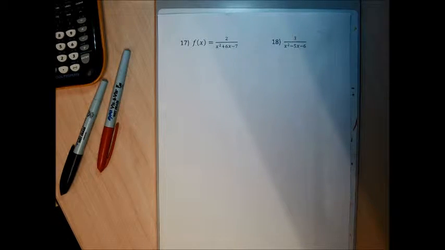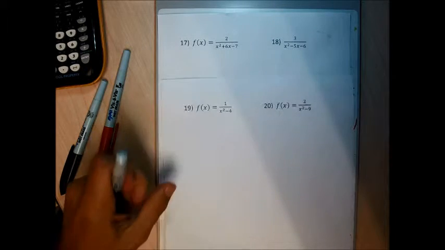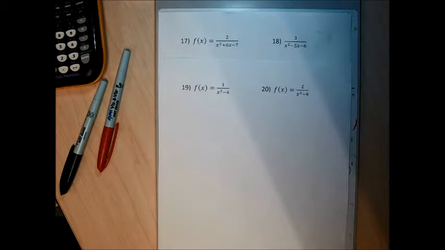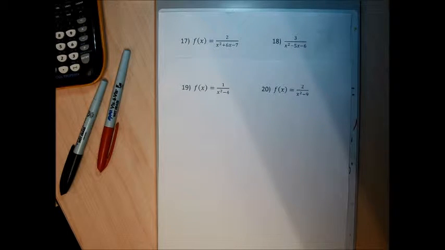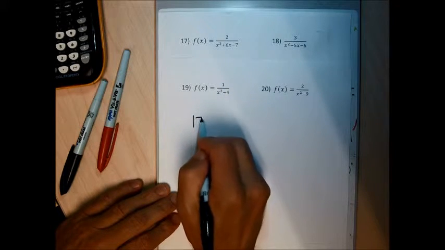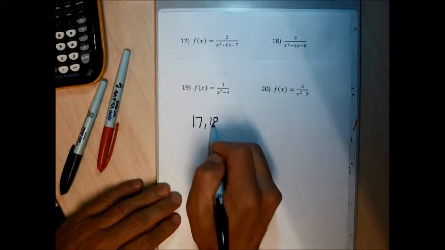For problems 17, 18, as well as 19 and 20, the concavity stuff is pretty ridiculous. The second derivative is pretty hard to compute, and it's really tough to do any sort of algebra with. So in 17, 18, 19, and 20, we're going to skip the concavity stuff.